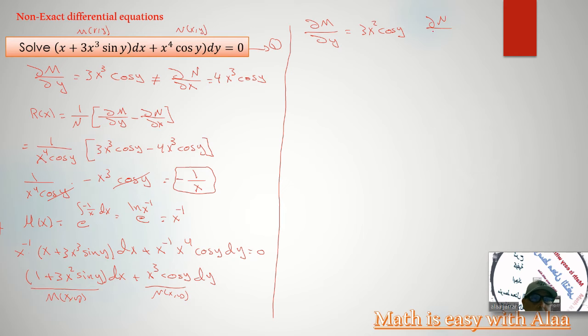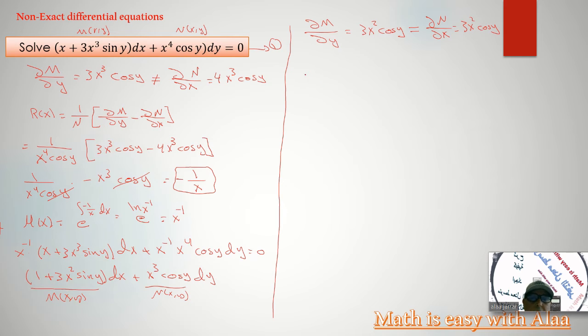Partial N with respect to x equal x³ cos y, cos y is a constant, so it will be 3x² cos y. Now they are the same, so it's exact.